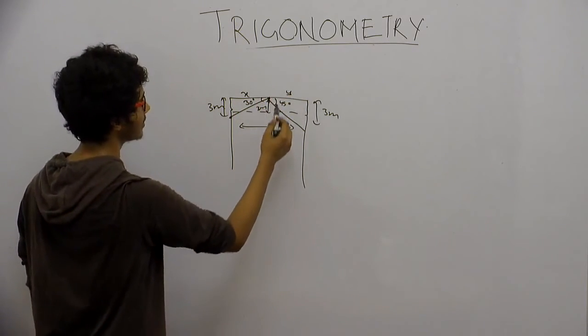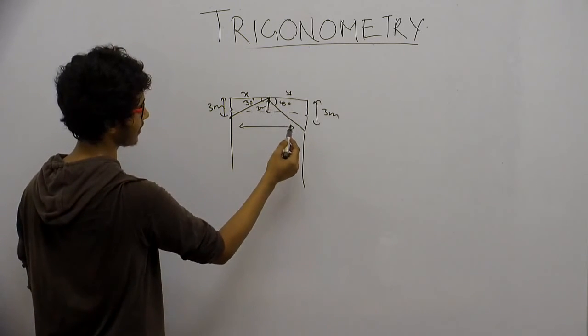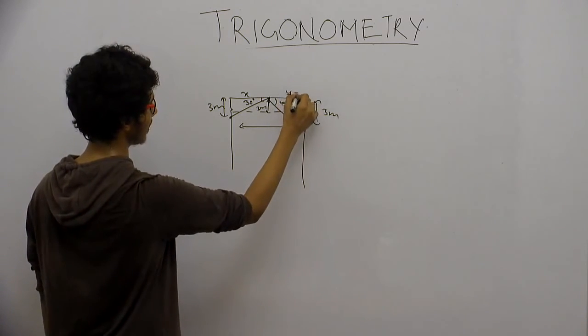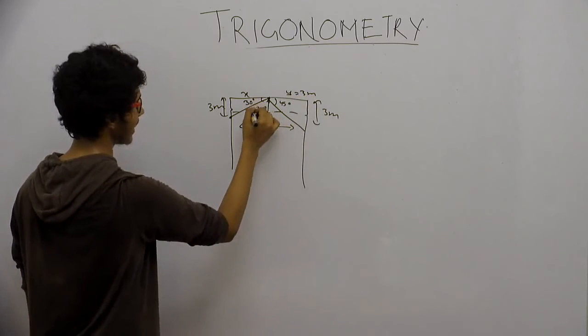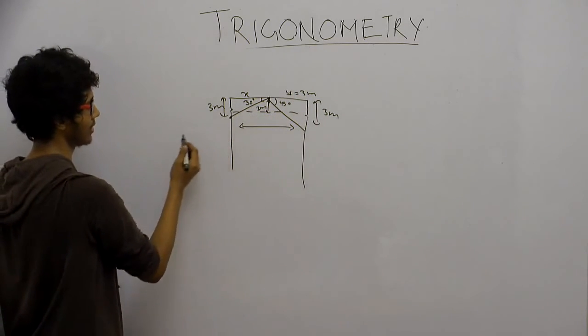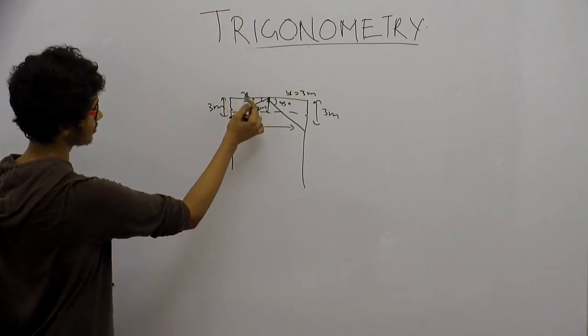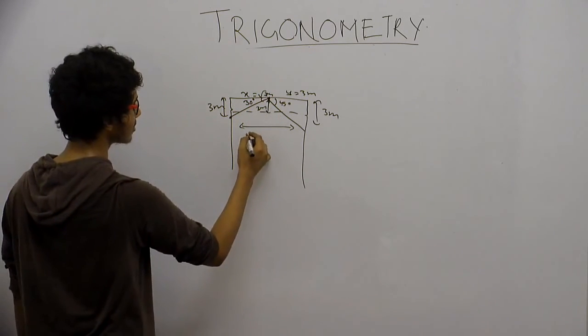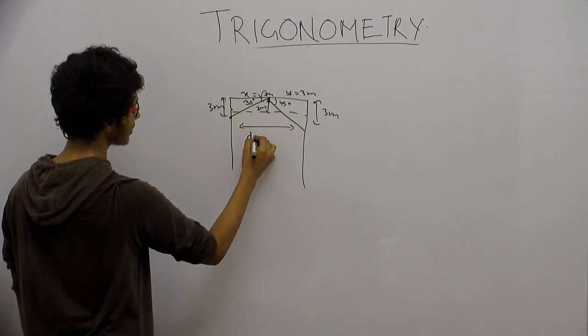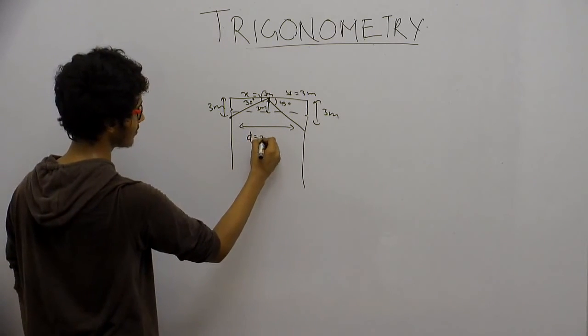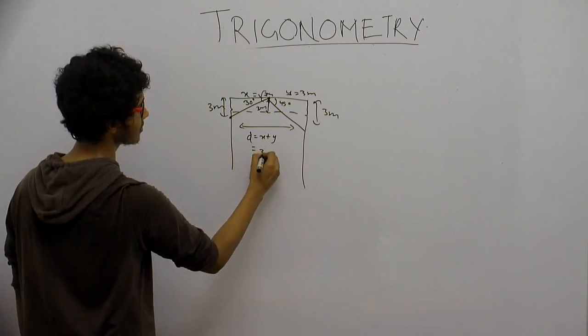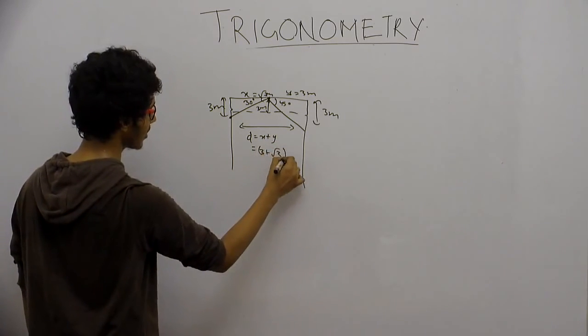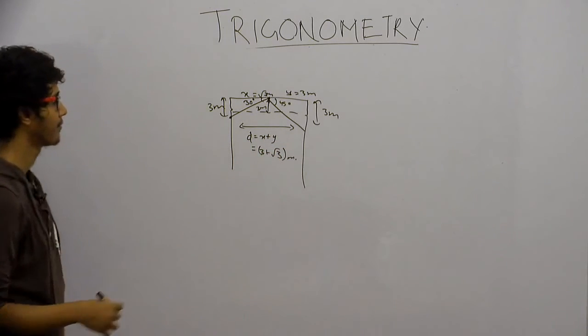Since this is 45 degree, tan 45 is 1, so with this 3, y equals 3 meter, and tan 30 degree is 1 by root 3, so 3 by root 3 equals x, which is root 3 meter. So the width of the river equals x plus y, which is 3 plus root 3 meter.